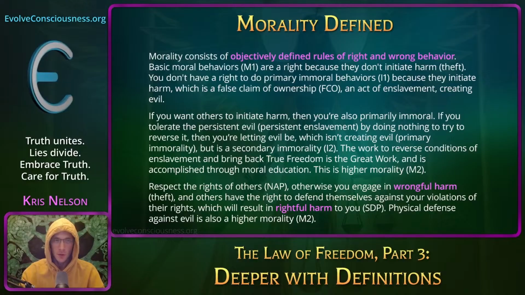If you tolerate the persistent evil, which is also persistent enslavement, by doing nothing to try to reverse it, then you're letting evil be. You're letting evil run amok, which isn't creating evil itself, that action of letting it happen, not doing anything to try to reduce it, reverse it. So it's not a primary immorality, but it is a secondary immorality, which is I2, as I refer to it.